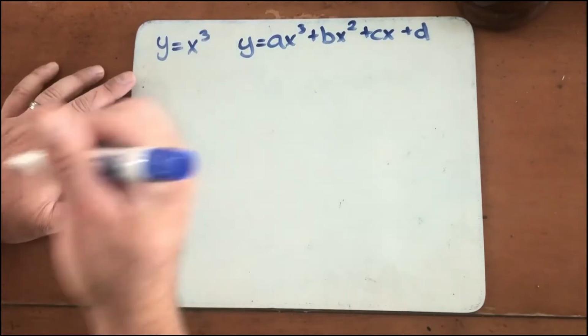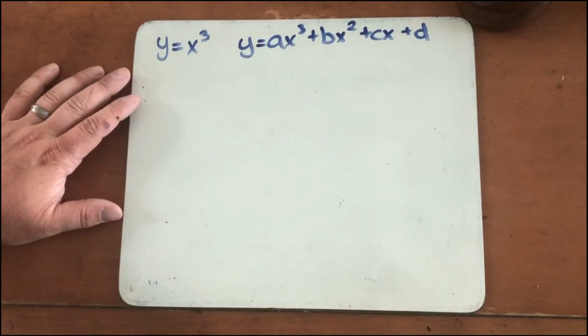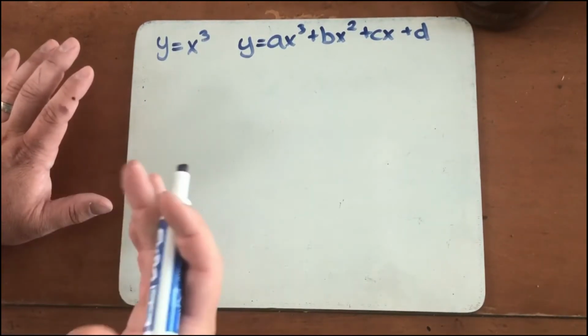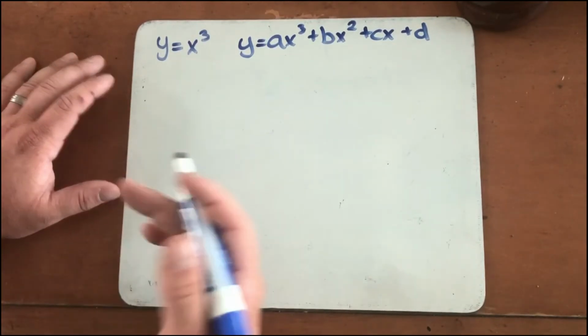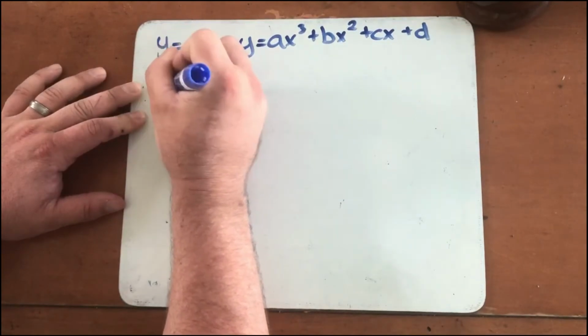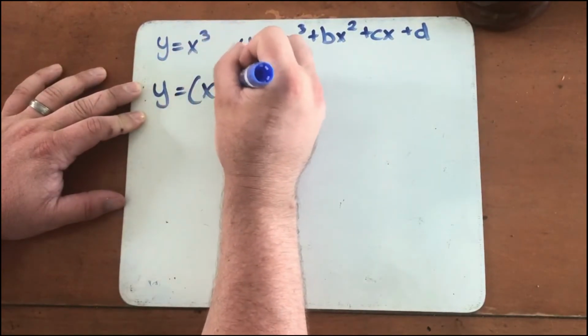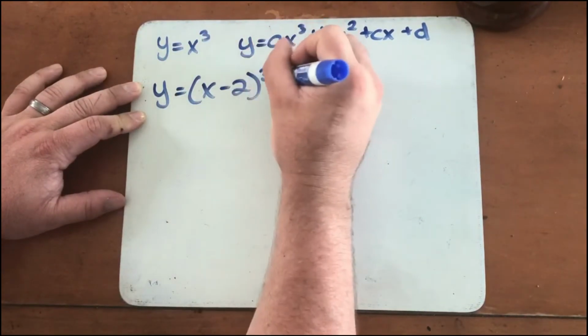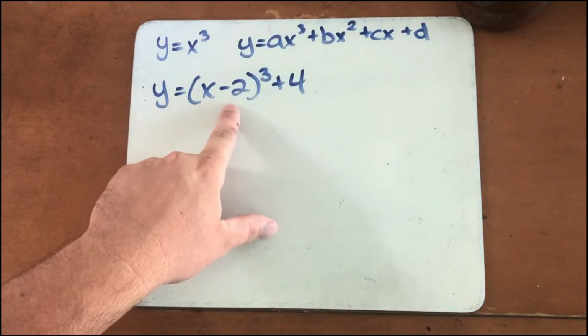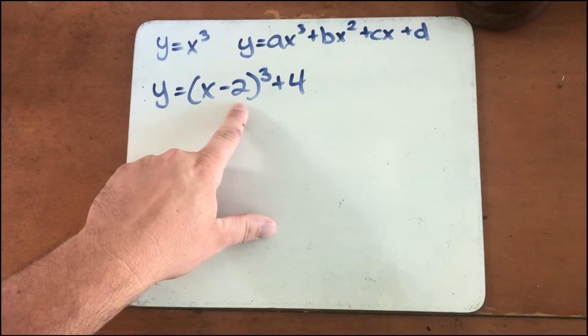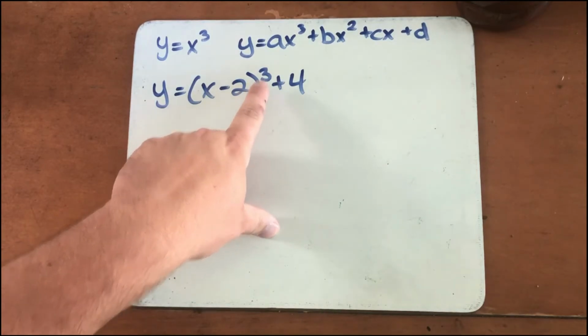The other way it could be written is just like we had with the quadratic, which for the quadratic was vertex form, but this, it's not really vertex form, it just shows a vertical and horizontal shift. So we could have y equals (x minus 2) cubed plus 4. So now, notice once again, the x is grouped inside of parentheses, and the cube is on the parentheses.